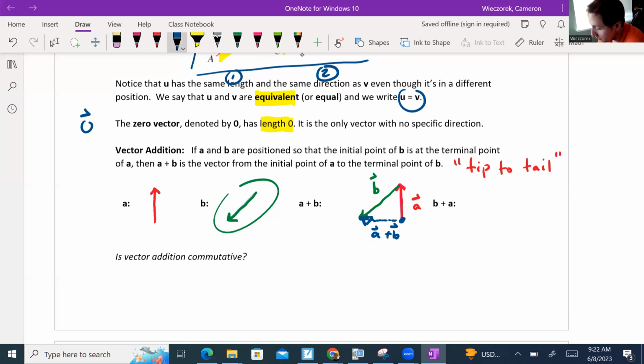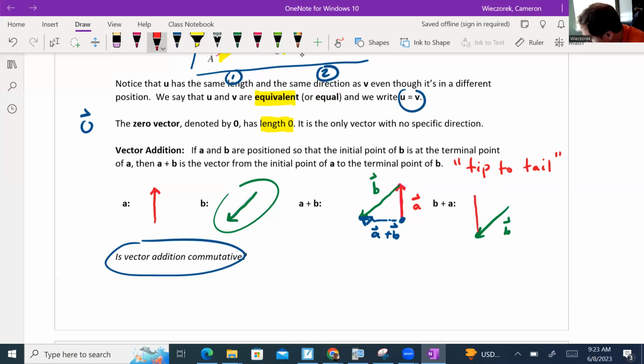Now, is it commutative? Is really the natural question, meaning does A plus B equal B plus A? Well, let's graph them in the opposite order. Let's say I did B first. So there's B. Now I want to attach A onto the end of it. Move this over here. There's B. Now I want to draw A. There's A. And so then again, tip to tail, there would be my resulting vector.